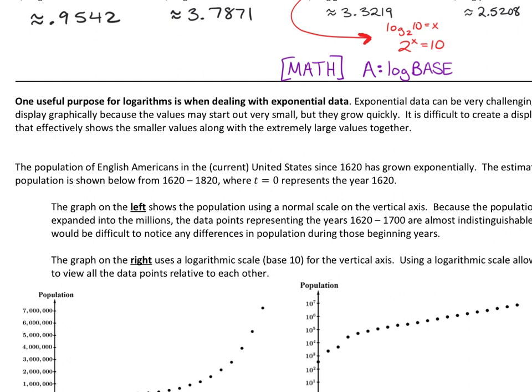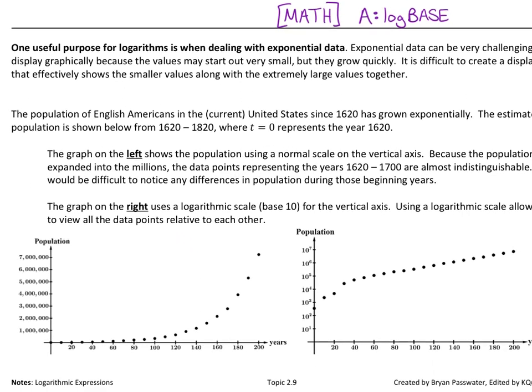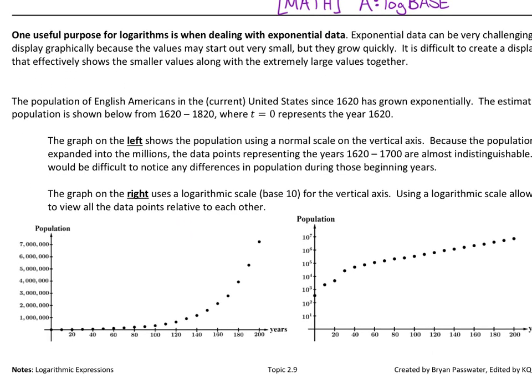So this is actually something that, depending on what you do with your life, may be super important for you to understand. What's useful about logarithms, and why my dad went bananas about it, is that when you look at exponential data, like this graph down here, exponential data gets big really, really fast. But for us to be able to see this data point, where it got really big, we have to minimize what we can see about these beginning data points.